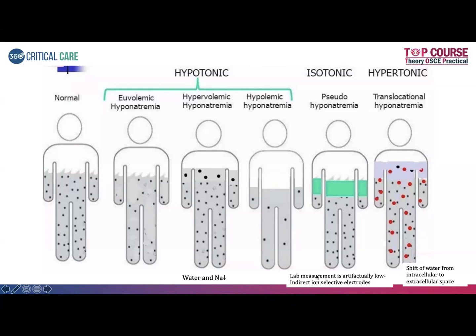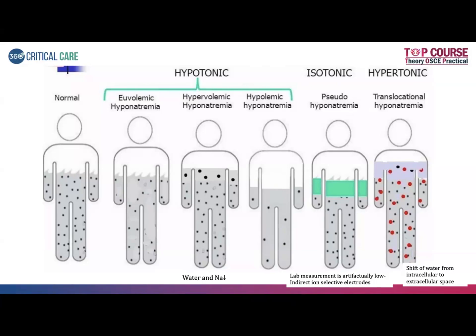So artificially low sodium values due to indirect ion selective electrodes. So if you do it by direct ion selective electrodes, the real value of the sodium will be known. So this is known as pseudo hyponatremia, and true hyponatremia is hypotonic hyponatremia.